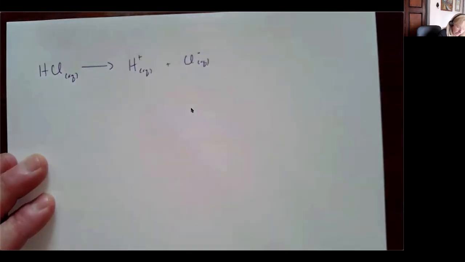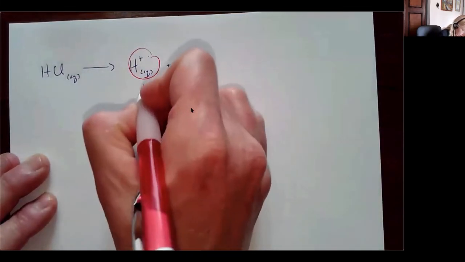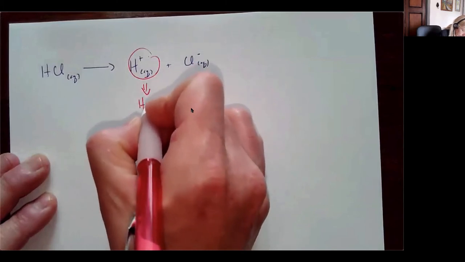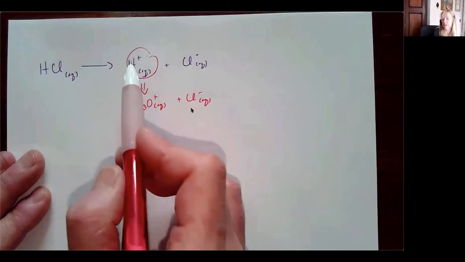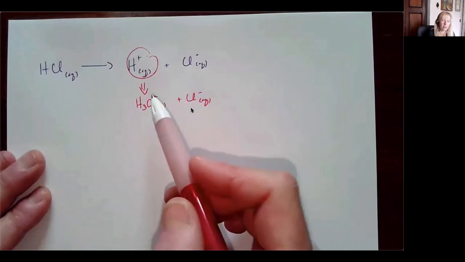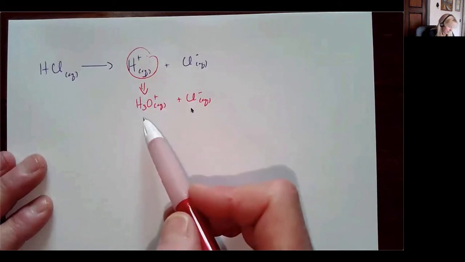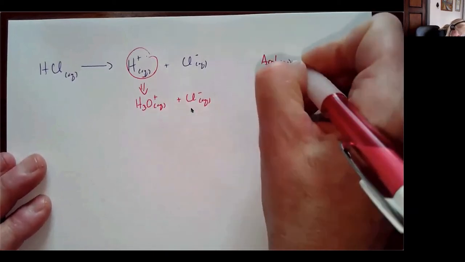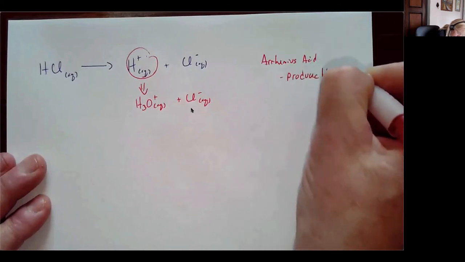And because water is hanging around, because this is an aqueous solution, this really is going to form the hydronium ion. This lone proton here is going to glom onto water, much like an acid-base adduct, and form the hydronium ion. So this would be an Arrhenius acid. It produced hydrogen ion in water.